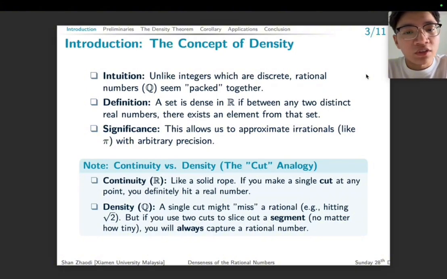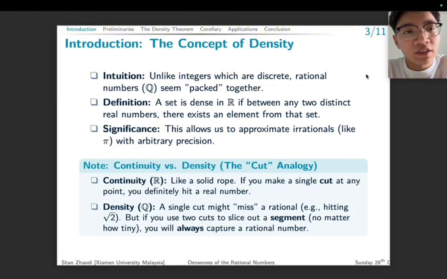However, there is a common confusion between dense and continuous. So let's look at the notes. Continuity is like a solid roof. If you make a single cut anywhere, you definitely hit a real number. While density is different.